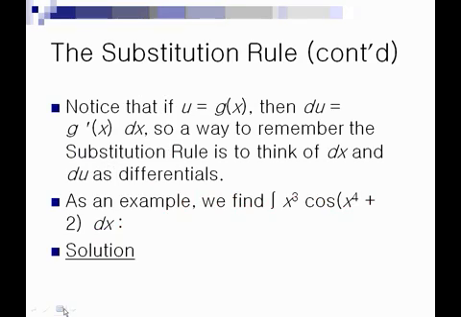And so over here now, let's say we have x cubed times cosine of x to the 4th plus 2 dx. We'll find it advantageous to have our u be x to the 4th plus 2.